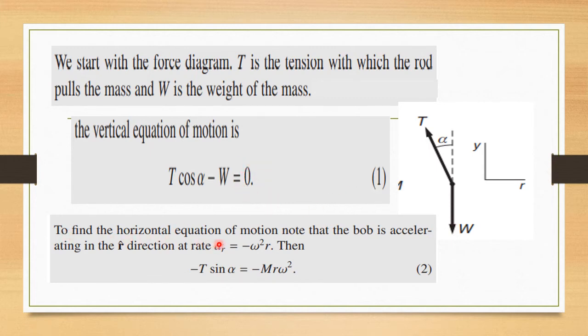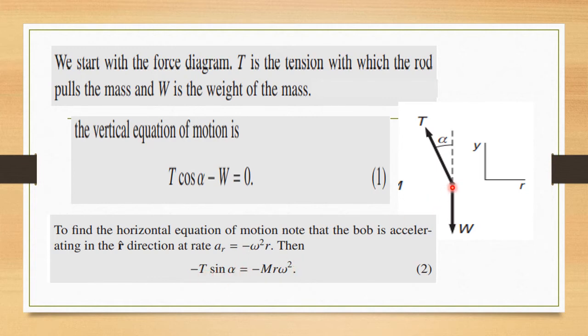Now to find the horizontal equation of motion, note that the bob is accelerating in the r direction at a rate a_r equal to minus omega square r. This is the radial acceleration, where r is the radius of the circle and omega is the angular frequency with which it is rotating. What will be the left hand side?